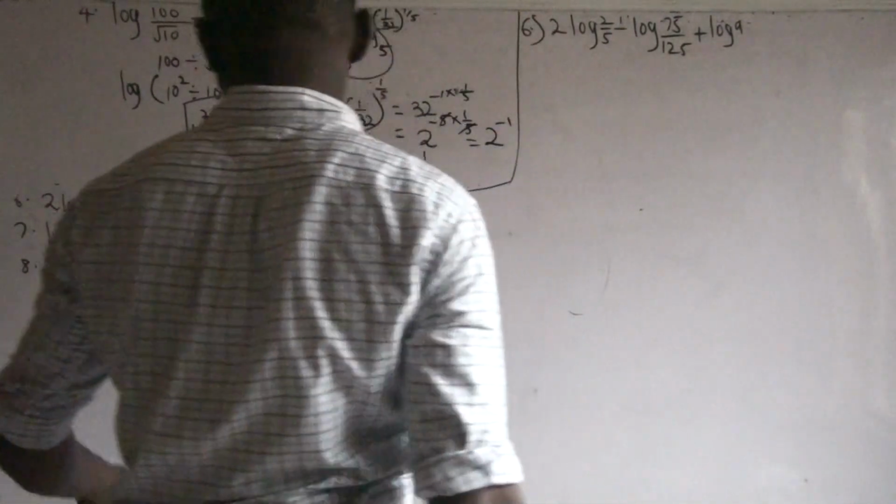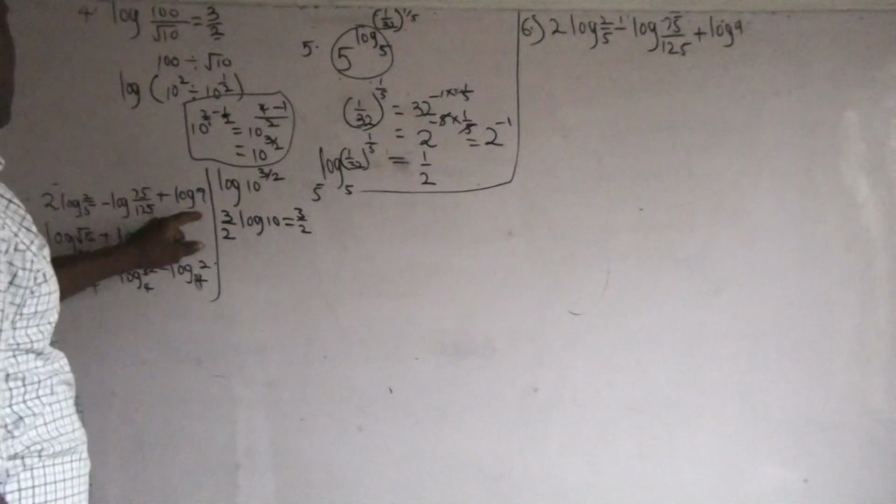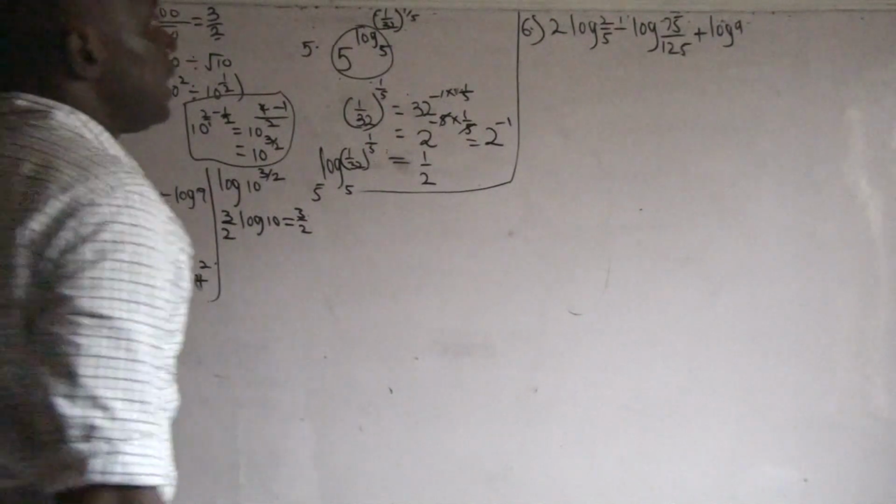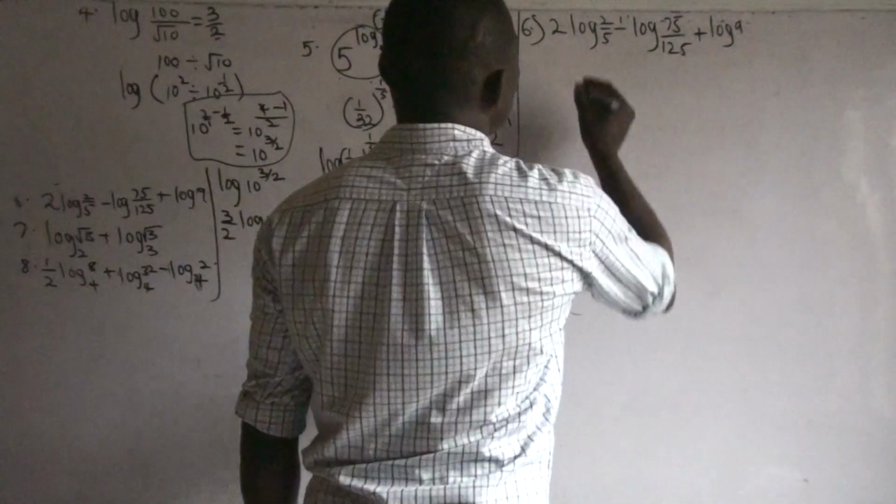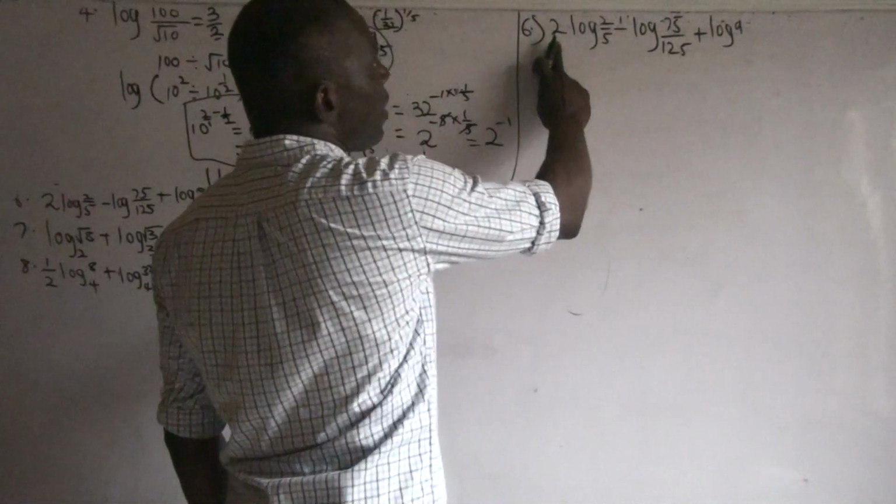If you look at this logarithm, the bases are not given, so it assumes that they are all to base 10. But we have to do some transformation here.